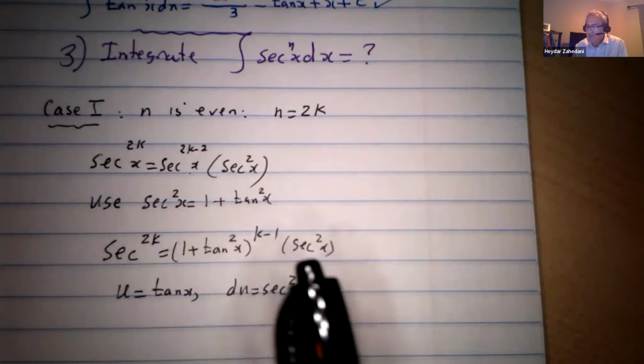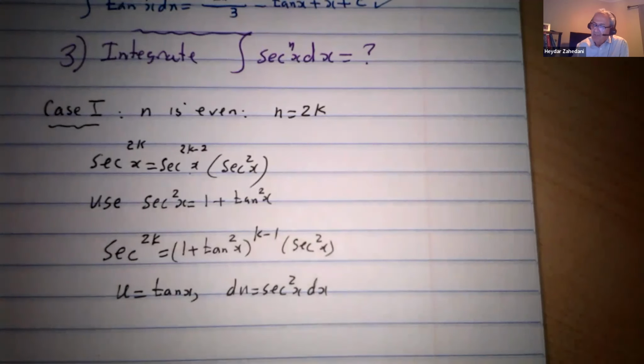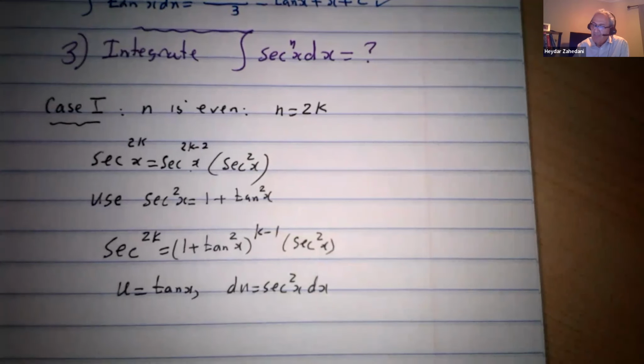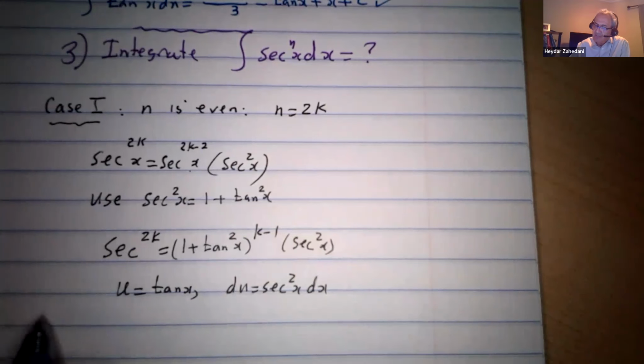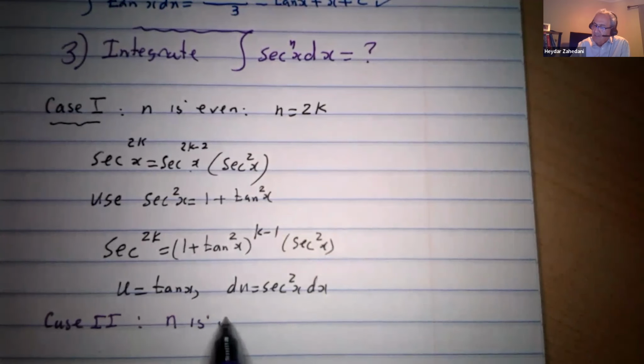So then u prime gives you the result right away. Okay, so this is when the n is even. What would happen if the n is odd? You have to use integration by parts. Okay, n is odd, you have no other choice. Use integration by parts.